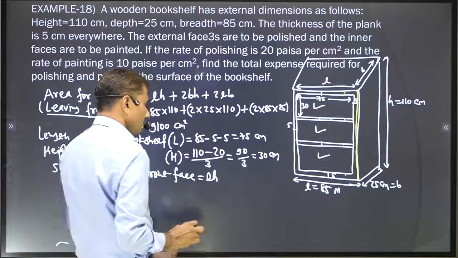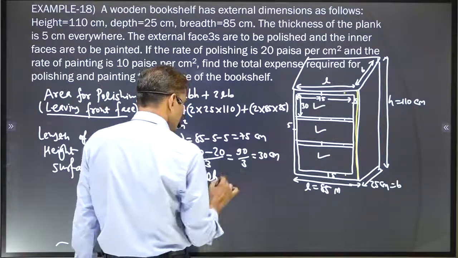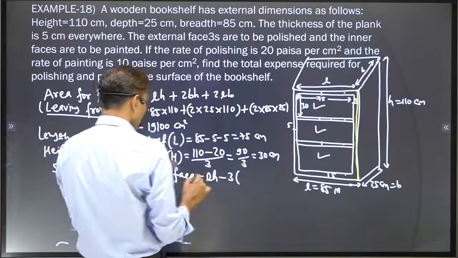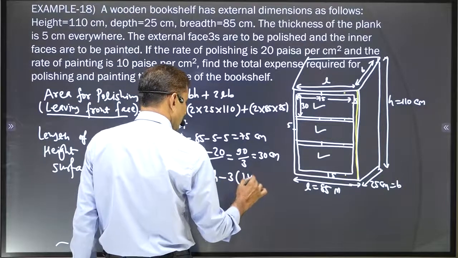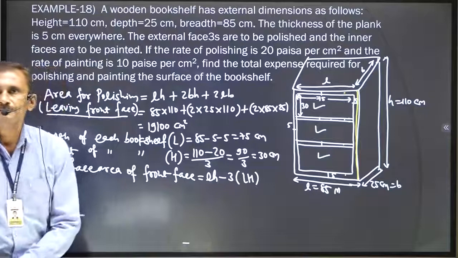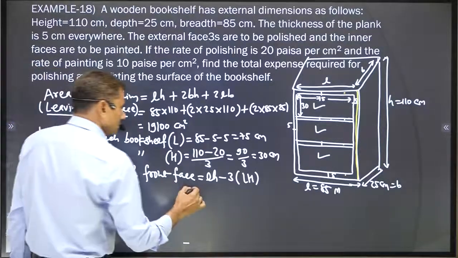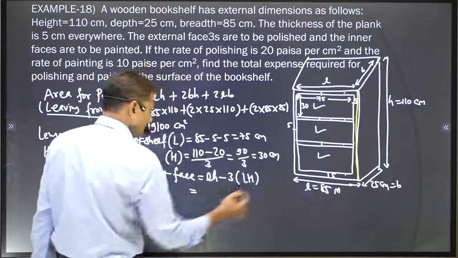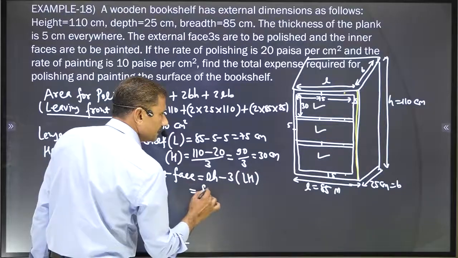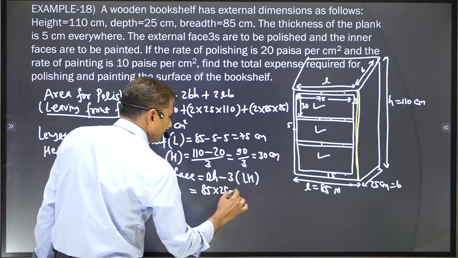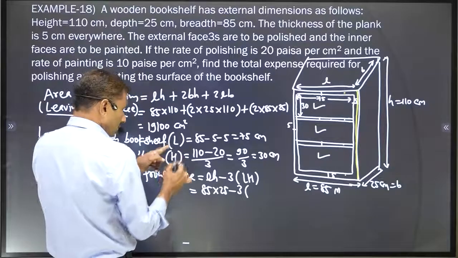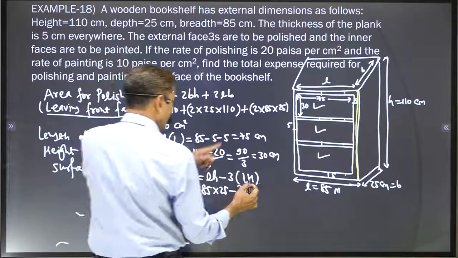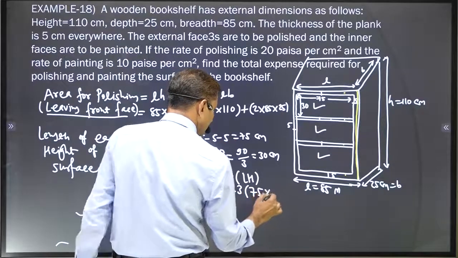But actually the whole front side is not there. These parts are removed. So 3 rectangles are removed. So minus 3 times. What are they? Capital L into capital H means of each bookshelf. So this is L and H. Symbols should be clear, otherwise it will be mixed up. So it is 85 into 25 minus 3. And now you know these are for each one, so I counted 3 times. Now it is 75 into 30.